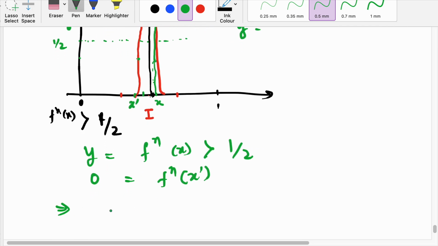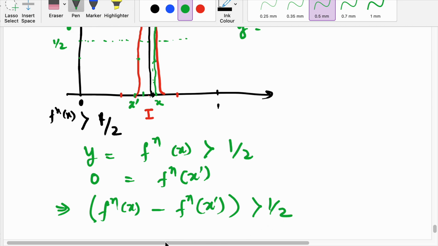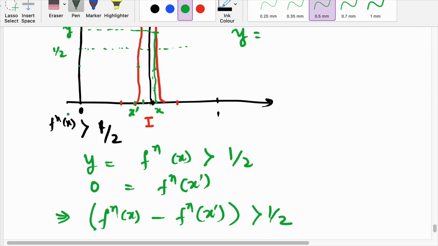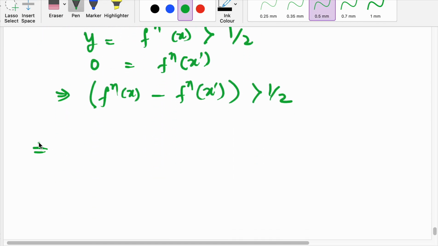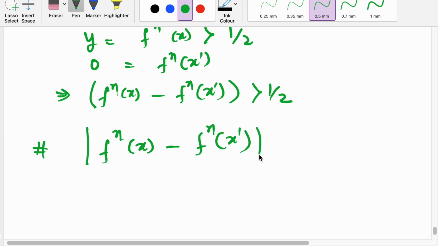Now let me show you the difference, fn x minus fn x prime, which is actually greater than half. So you see, whether fn x is greater than half or less than half, it doesn't matter, it always satisfies that fn x minus fn x prime is greater than half.